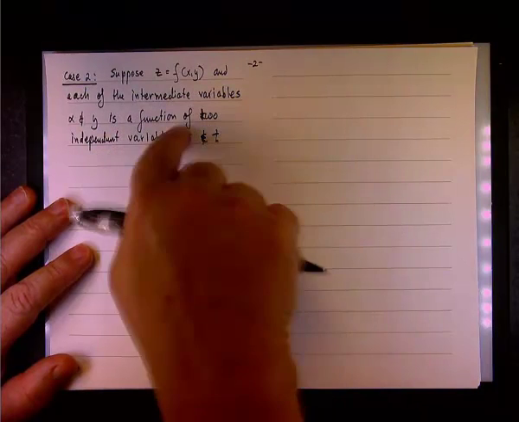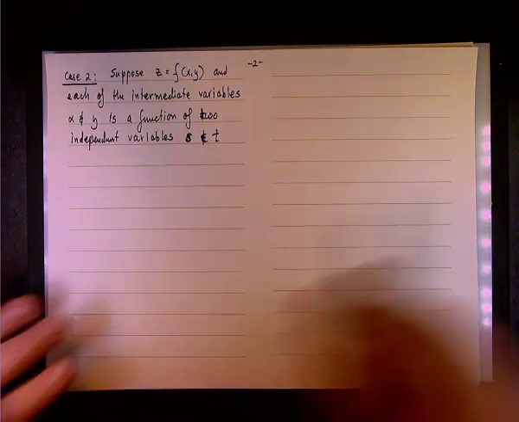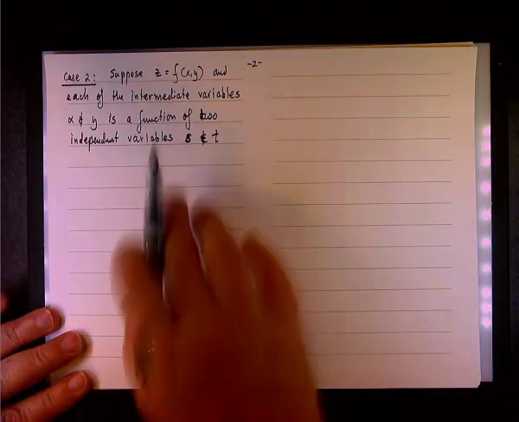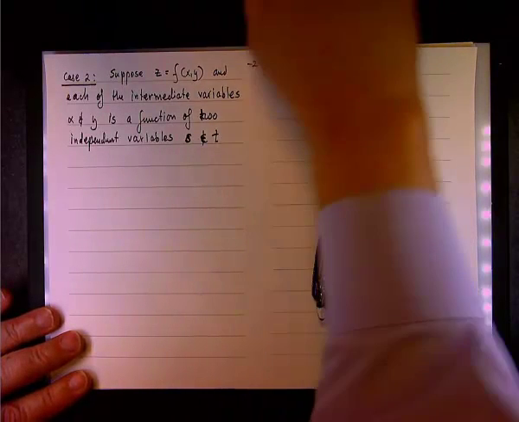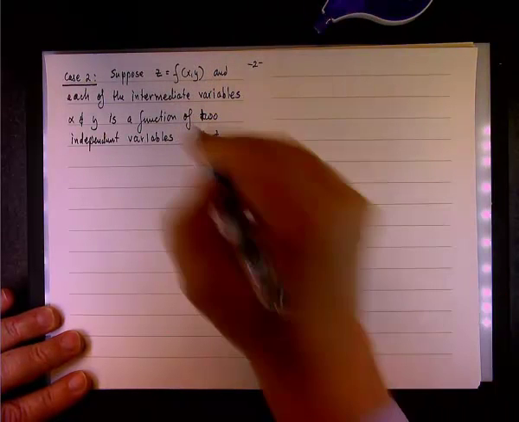By the way, here each of the intermediate variables, these two, x and y, are independent of each other. This is also important too. Well, no, I shouldn't say that, because both are variable functions of s and t, so they are not. But s and t are definitely independent of each other.